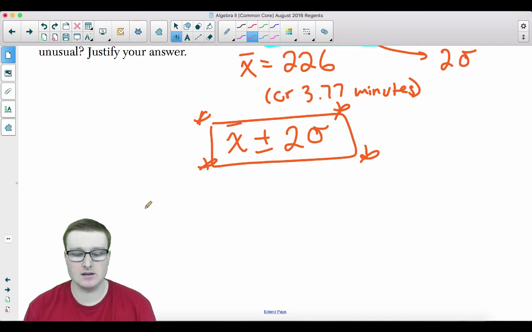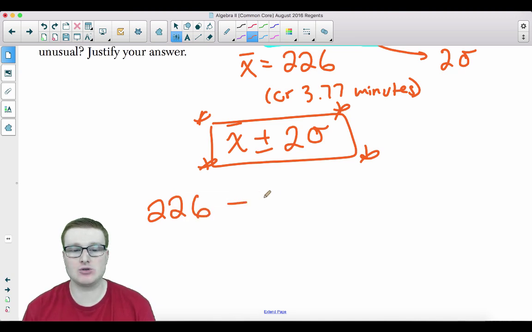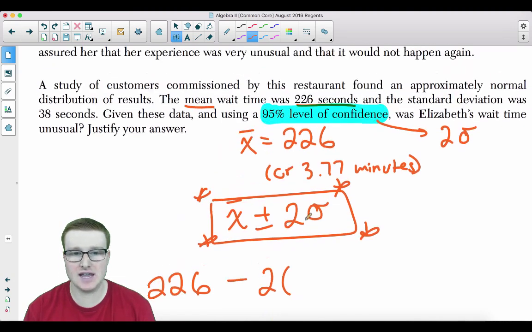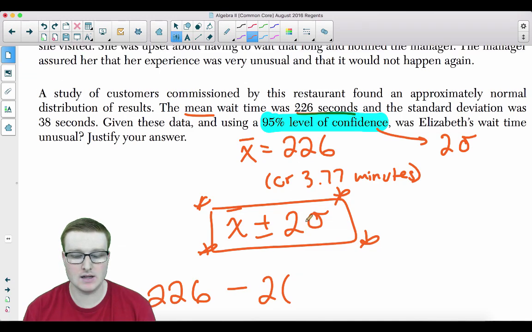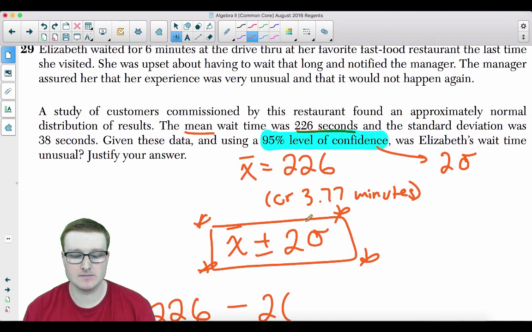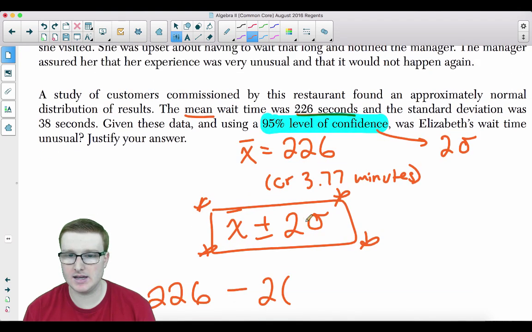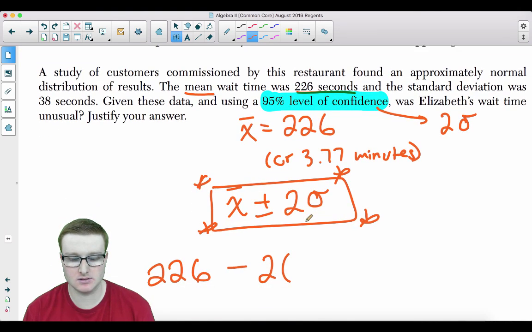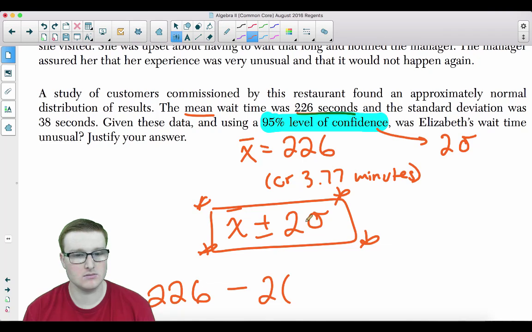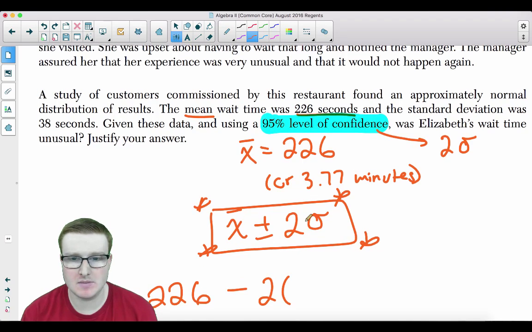Let's see. We take the mean, 226, and we're going to subtract 2 times the standard deviation. Is it 38 seconds? Where does it say? The standard deviation is 38 seconds. Give me 1 second here.